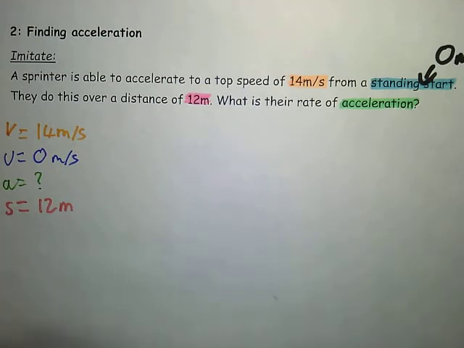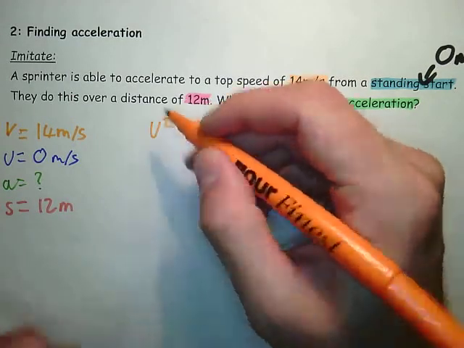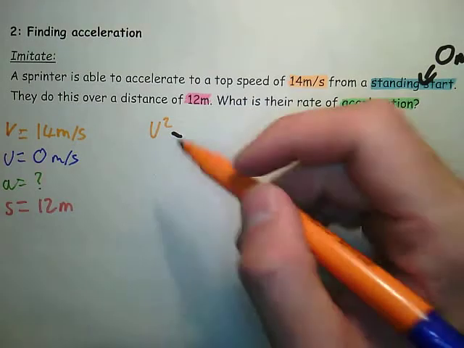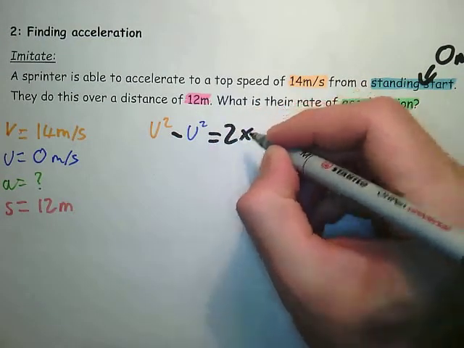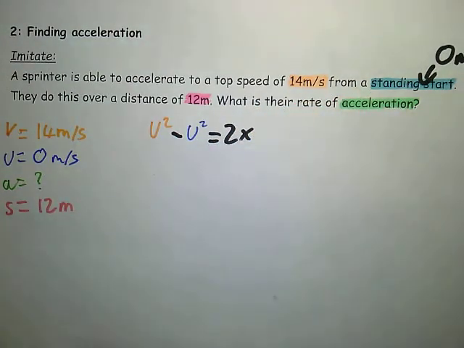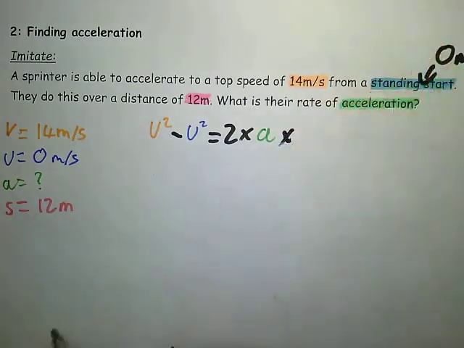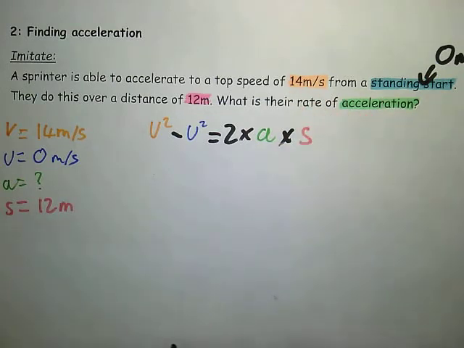Again, I'm going to write out our equation in symbol form to make it quicker. It's v squared minus u squared equals 2 times a times s. Then we put our numbers in.